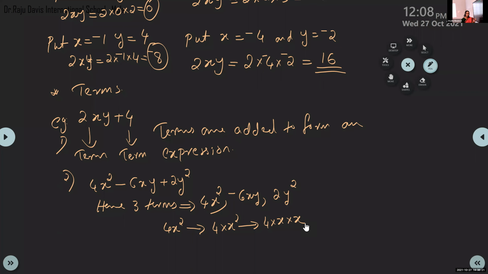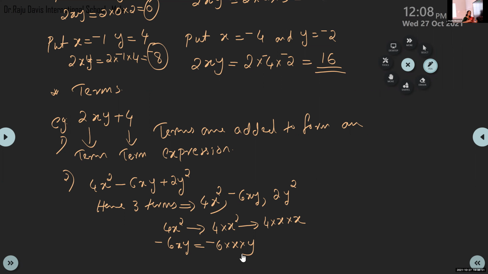Likewise, negative 6xy equal to negative 6 into x into y. Again, this negative 6 we can split into negative 2 into 3.